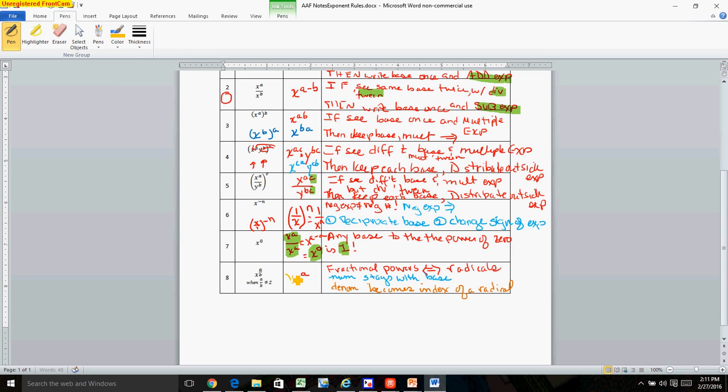Well, not a radical, but you create a radical, and inside this little check, this is called the index. Right? That seems crazy. I'll give you an example.